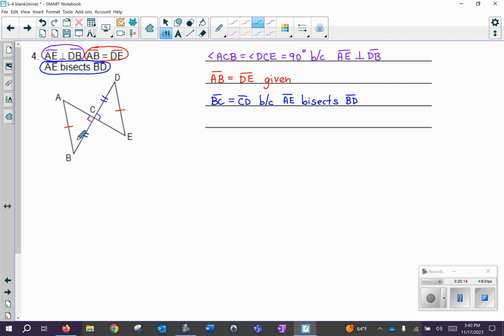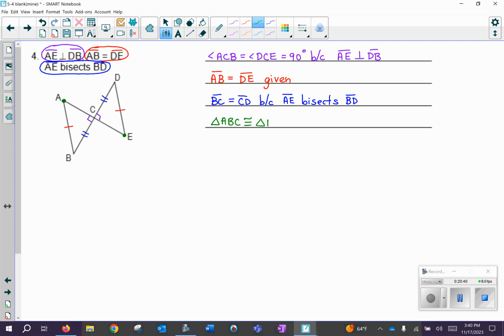So I'm ready to say triangle ABC because it's alphabetical, the one on the left. And now order matters. Here's A. It's the angle between the side with the red line and the side that's not marked. So the corresponding angle over here should be angle E, between the side with the red mark and the side that's not marked.